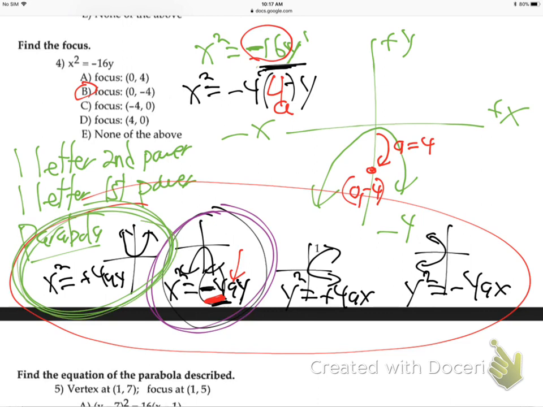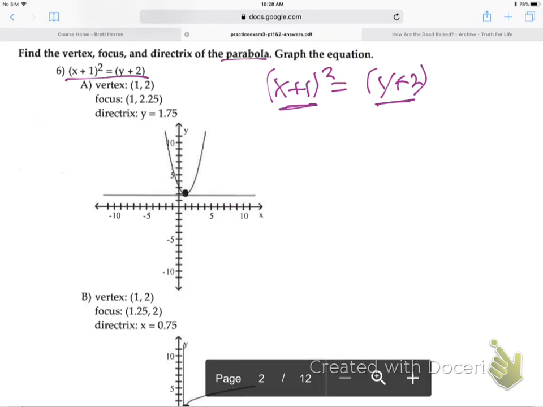See, it's right here. X squared is positive y. So that's what it looks like, and so we know for sure it's going up because x squared is positive 4ay.